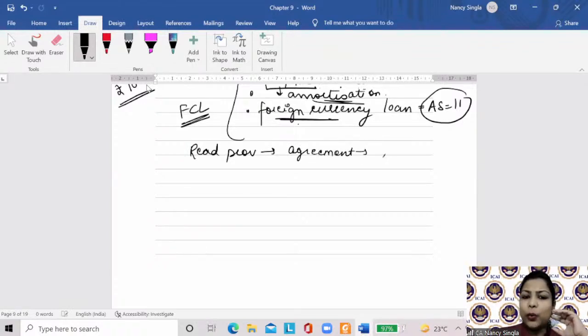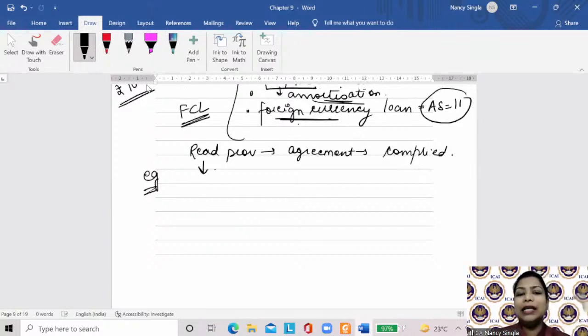And he can always check whether these are complied with or not. Okay? For example, students, try to understand this example, that bank has given a loan of, let's say, 1 crore for a period of 5 years, whereby the client is required to pay monthly interest.